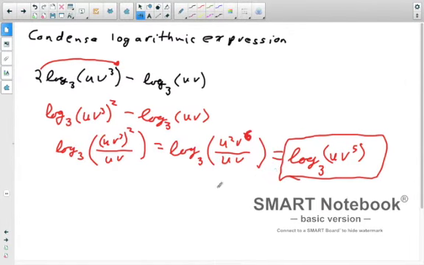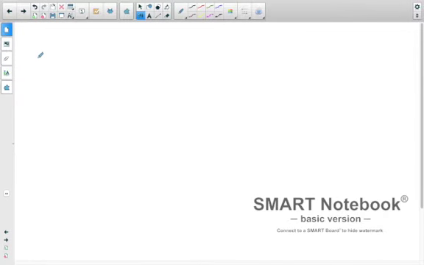Let's go ahead and look at a slightly more complicated example, but only slightly. Okay, let's say that we have the natural log, which is going to make our life a little bit easier because we don't have to write log base every time.